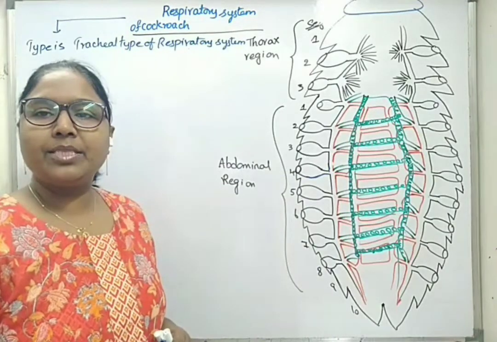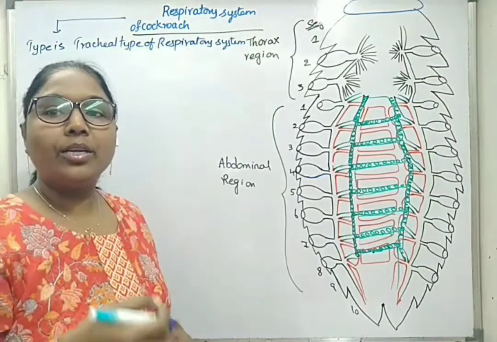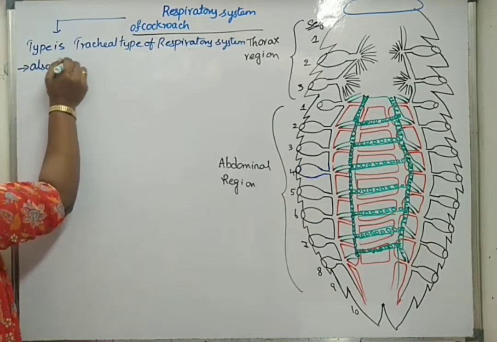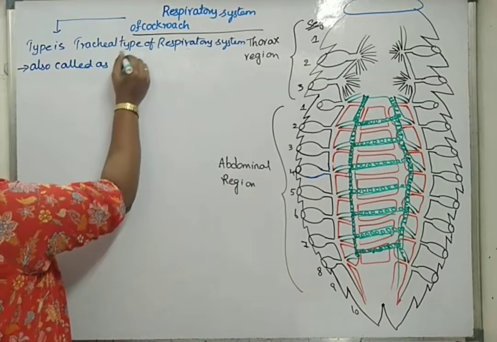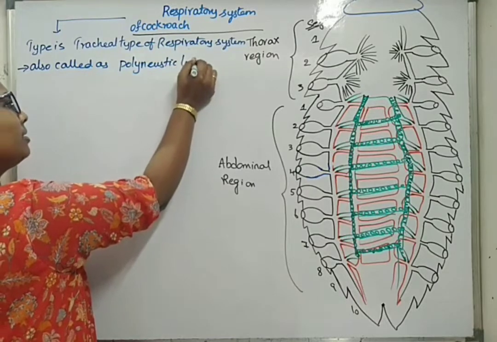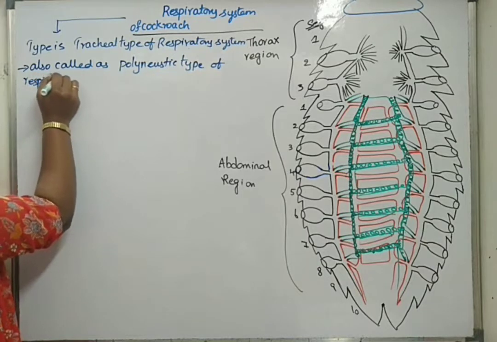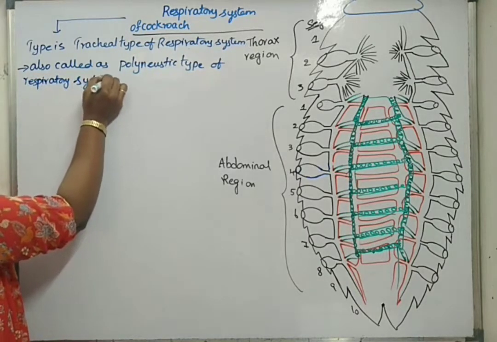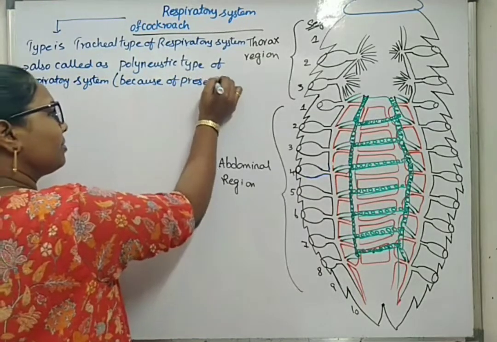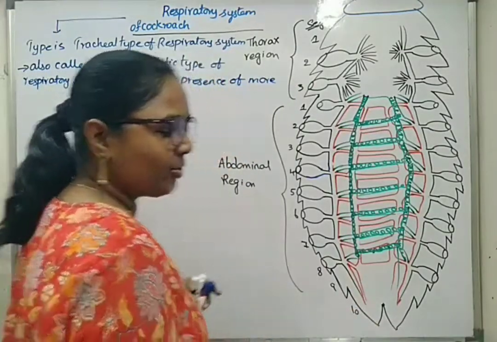When any organism has more than 3 pairs of spiracles, such a respiratory system is called polynuclear type of respiratory system, because of the presence of more than 3 pairs of spiracles.